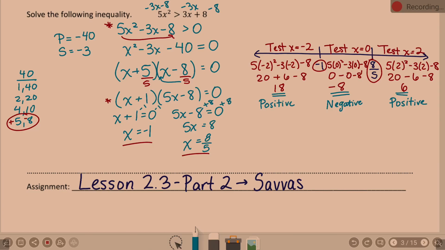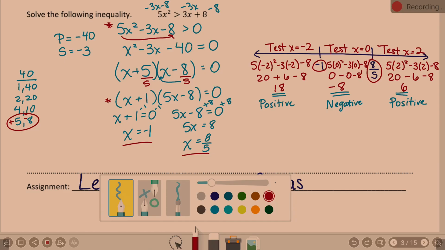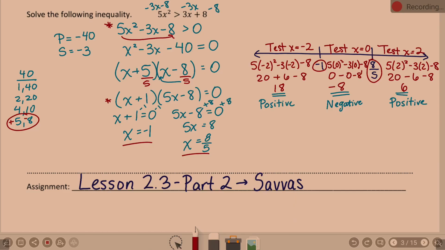Now, here's the question we need to go back and ask ourselves. It didn't say identify which intervals are positive, identify which intervals are negative. They gave us an inequality. What am I looking for here? What does that right there say? What symbol is that? Greater than?